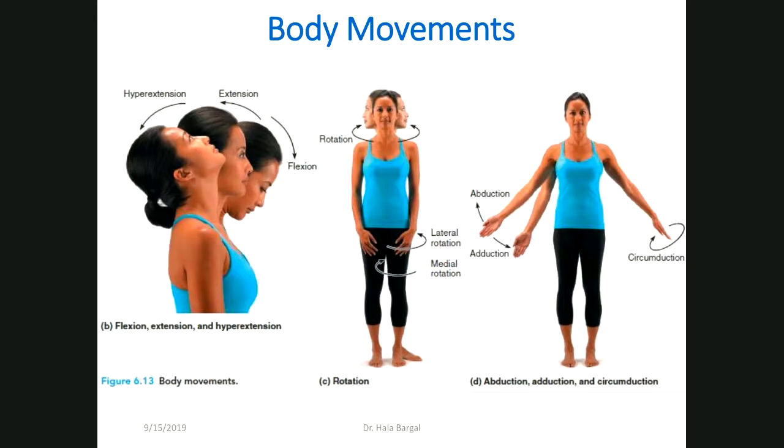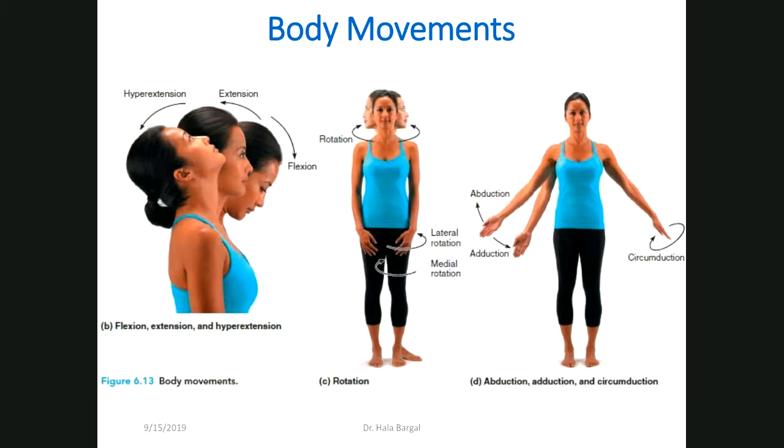These two movements, adduction and abduction, can be applied over the arm, thigh and leg. So if you bring the thigh to the midline, this means adduction. If you move the thigh away from the midline, this means abduction. While circumduction means the complete rotation of the limb around its joint. As we mentioned before, this can happen in the shoulder joint.